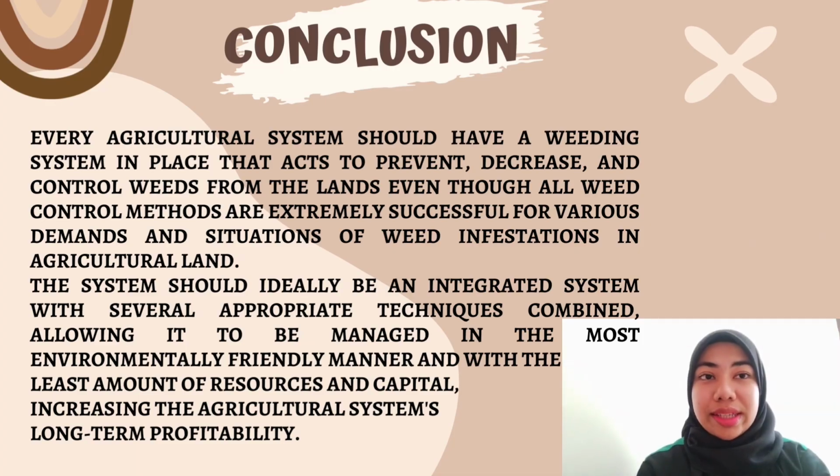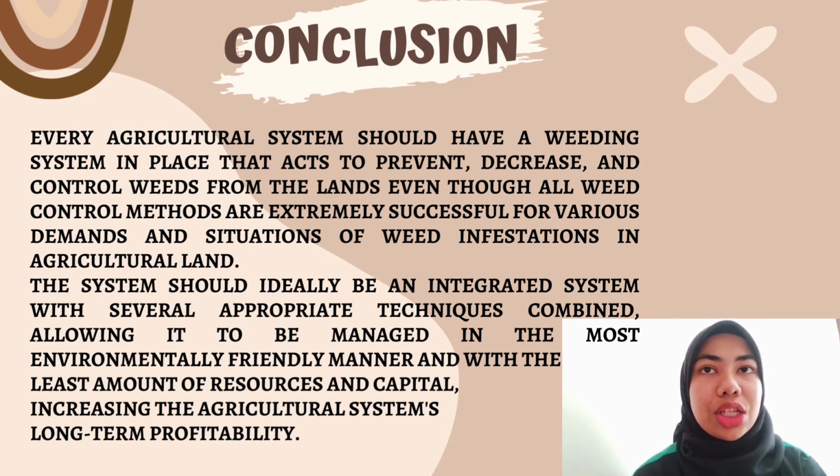Last but not least, to conclude, every agriculture system should have a weeding system in place that acts to prevent, decrease, and control weeds from the lands, even though all weed control methods are extremely successful for various demands and situations of weed infestation in agriculture lands.